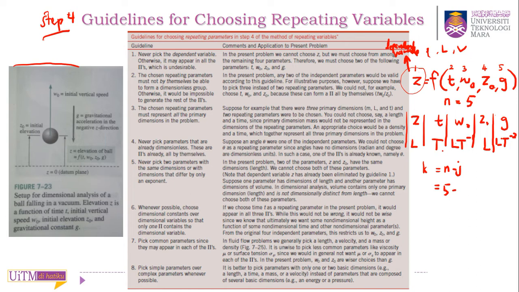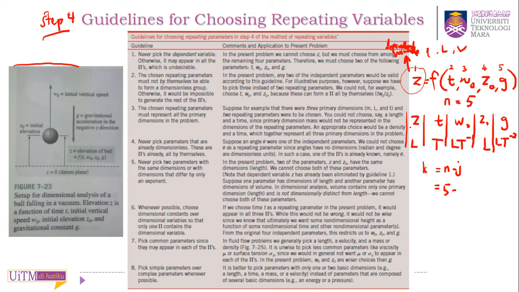So what is the number of primary dimensions for these parameters? There are 5 parameters, but how many primary dimensions do you use? 2, right? L and T. So there are only 2 primary dimensions for all these 5 parameters.